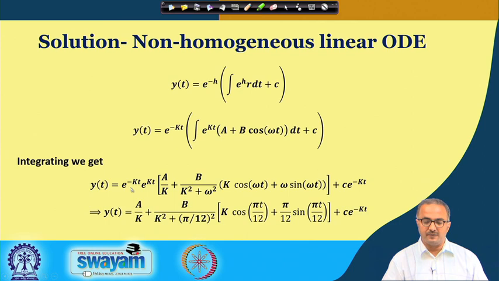When we rearrange it, we get this particular expression. What you find is that this particular term is the sinusoidal term, and this other term is going to diminish with time. This term gives us the transient change in the hormone level in the blood.